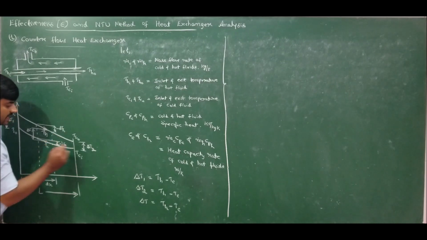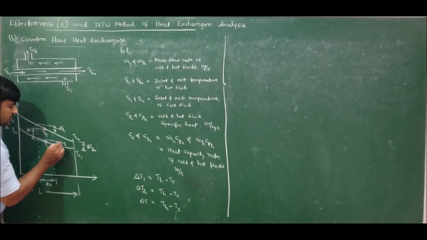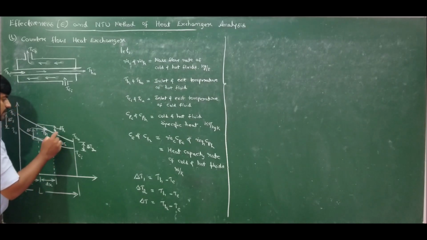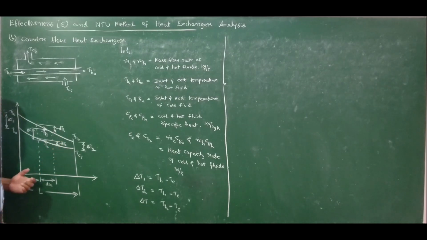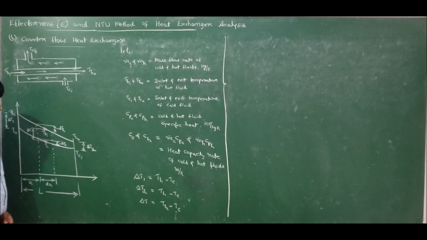So in the positive x direction, if I take the difference of temperature for the elemental length for hot and cold fluid, both will give us the negative difference, minus dTH and minus dTC, whereas the bulk temperature difference is delta T.